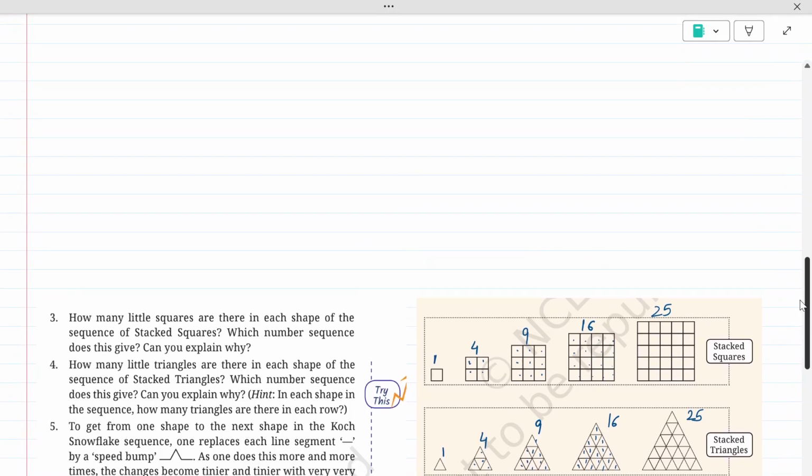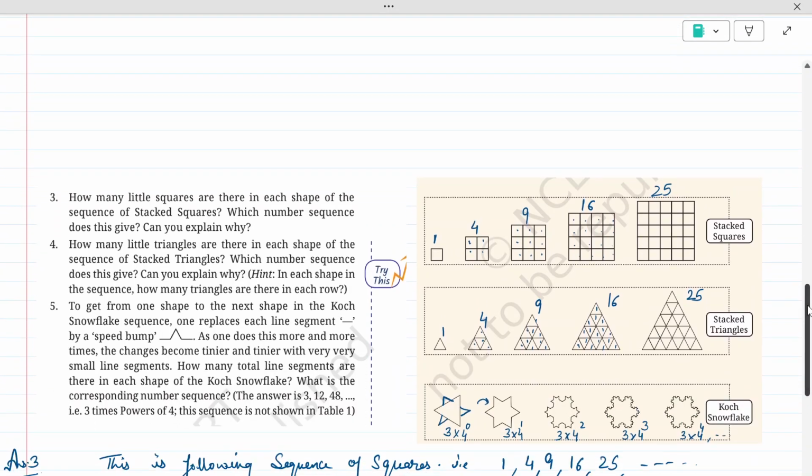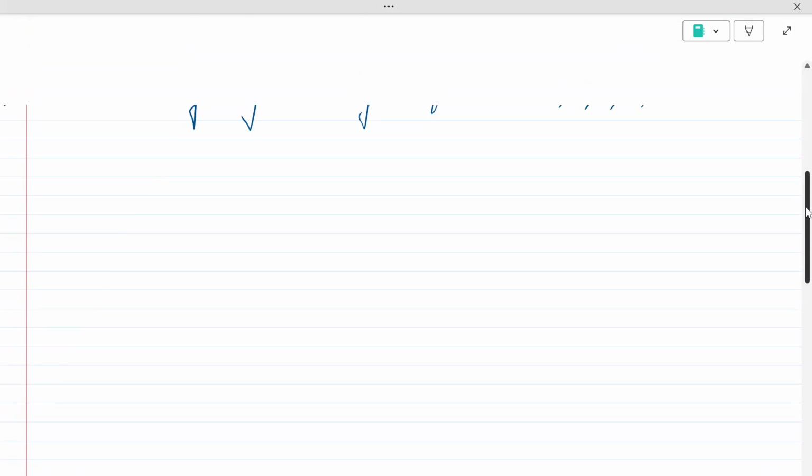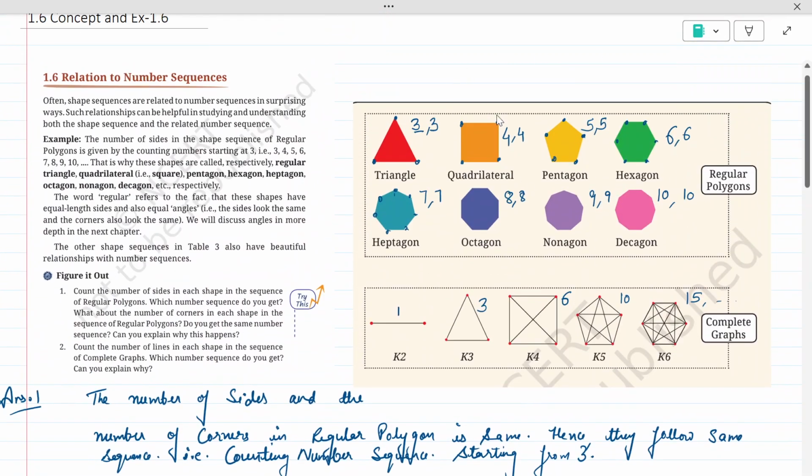As a part of this, we have seen how shape sequences are related to number sequences. First, the regular polygons follow the counting number sequence starting with 3, and each image has an equal number of sides and equal number of corners. Next, we did the complete graph, which follows a triangular sequence when we count the number of lines.